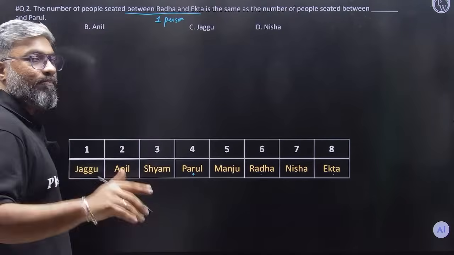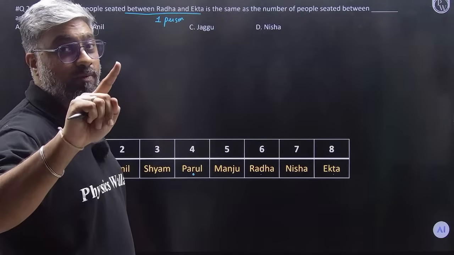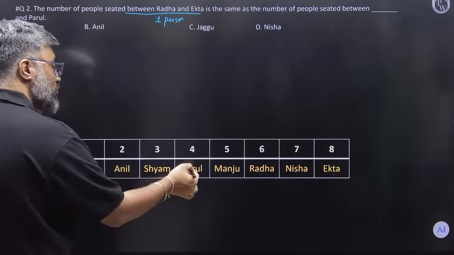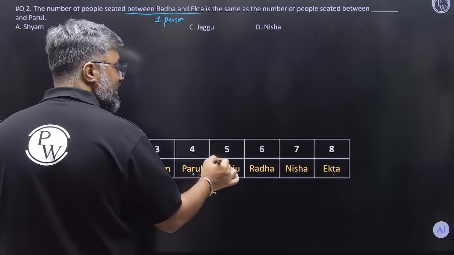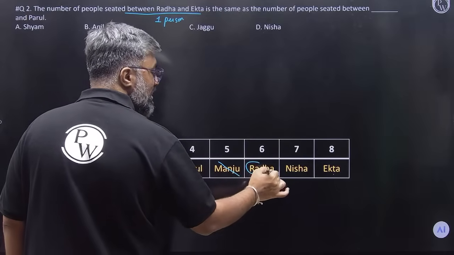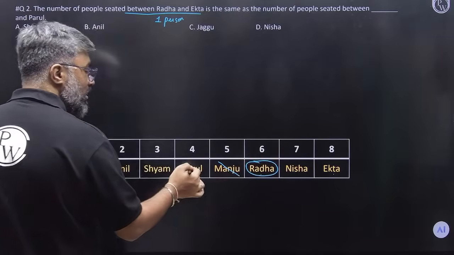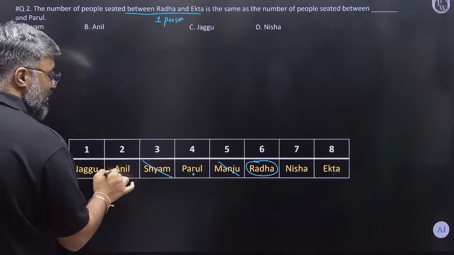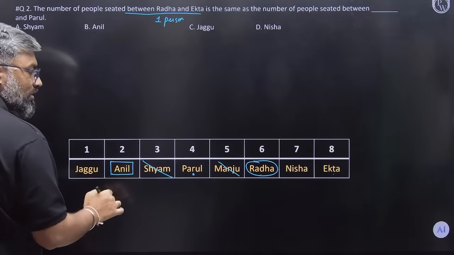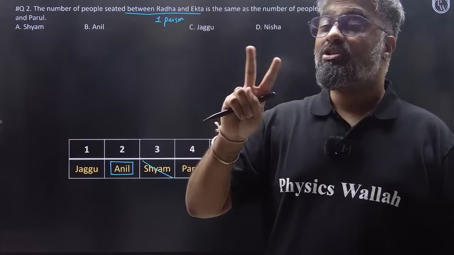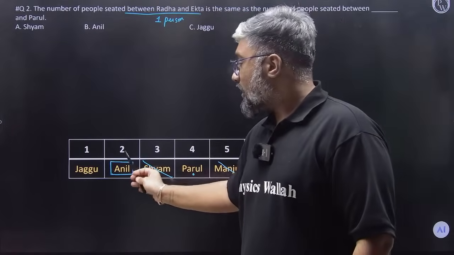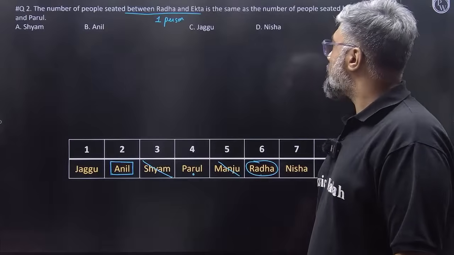So if Parul has to leave one person in between and then talk about the next person, it could be this direction also, correct? So the one person leaving is Manju. The answer could be Radha, or the one person leaving could be Shyam and the answer could be Anil. So there are actually two answers to this question. Anil is also right. Radha is also right.